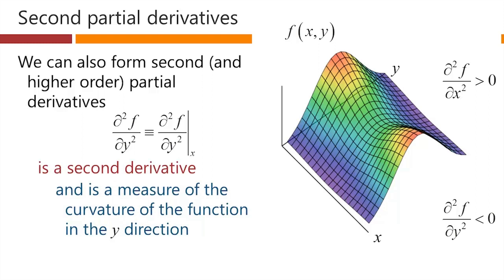But in the y direction, as we go along one of these lines in this middle region here, we have a negative second partial derivative, d2f by dy squared, because we're going from a positive gradient in y towards a negative gradient in y. And this particular kind of curve is sometimes called a saddle point, for rather obvious reasons, because it looks a bit like the saddle that you put on a horse.